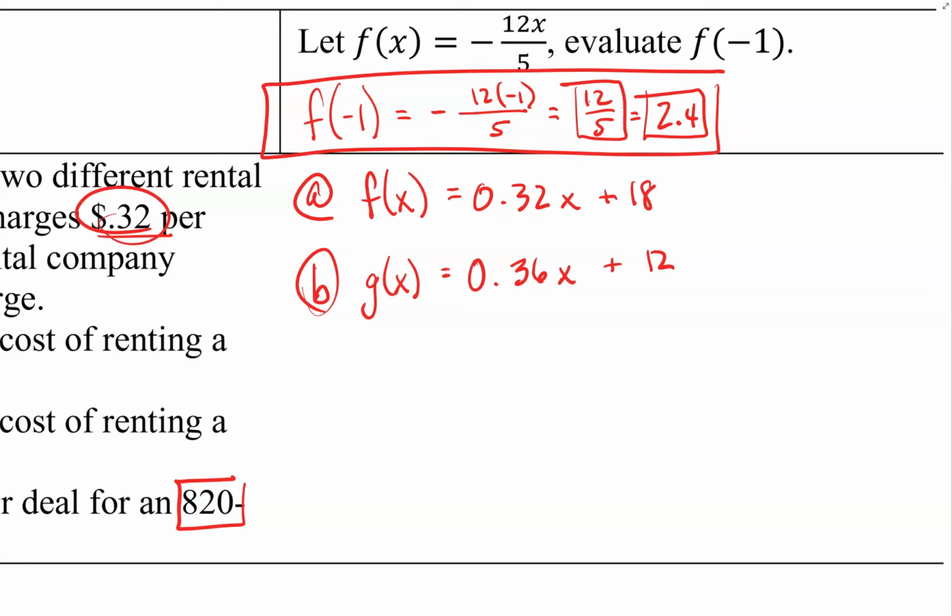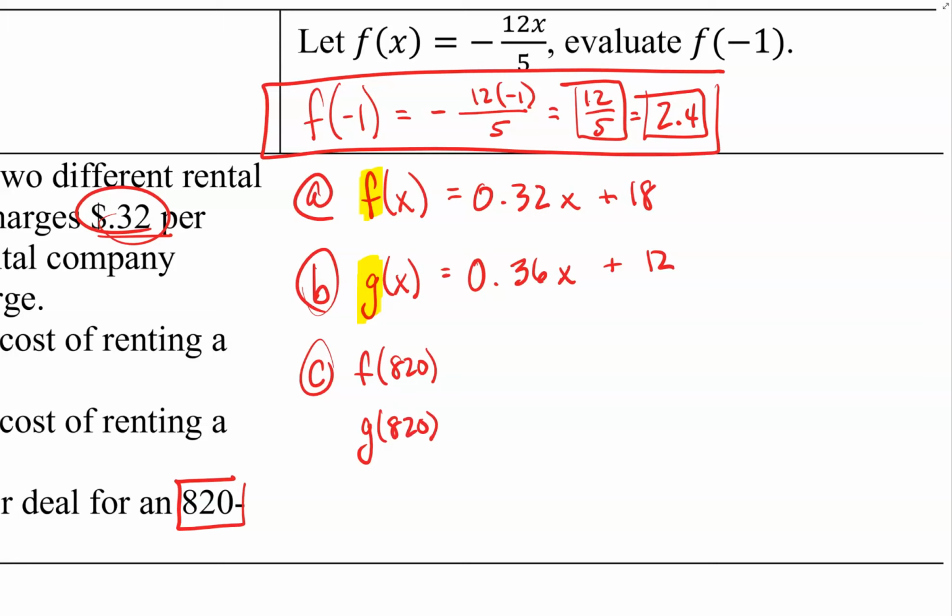Now here's a benefit of using function notation. We can give different names to these functions. We can use different letters to represent different functions. And so later, if we start computing with those functions, we should be able to tell the difference. Both of these are going to be used to determine the cost for an 820-mile trip.